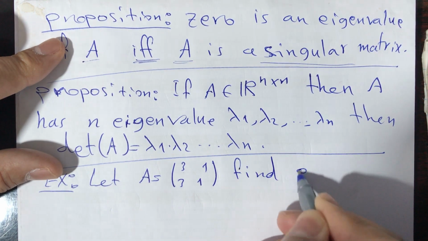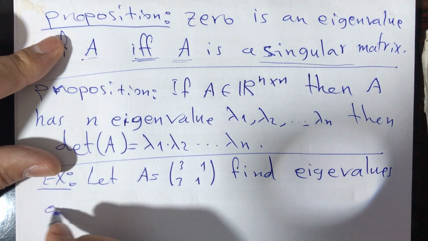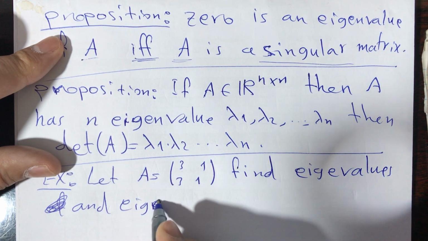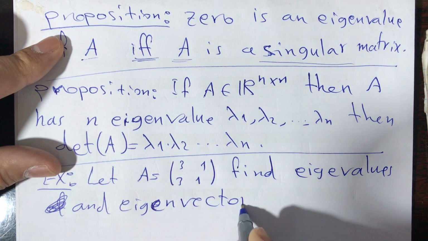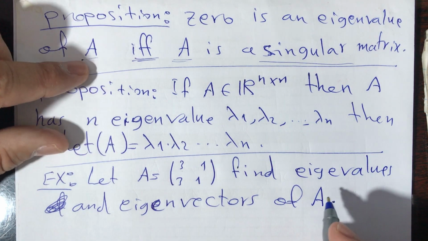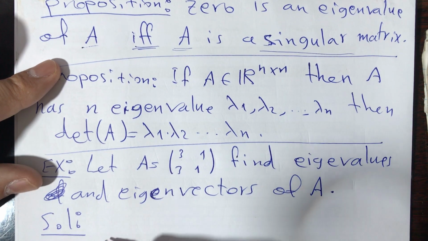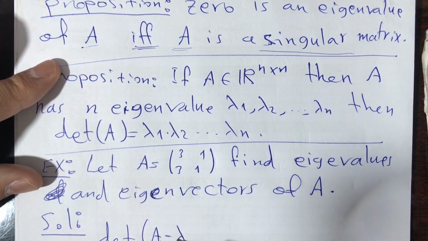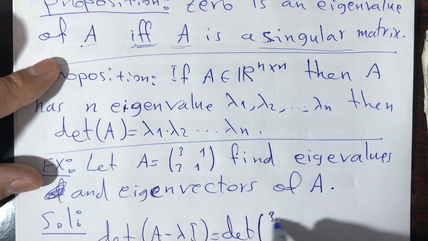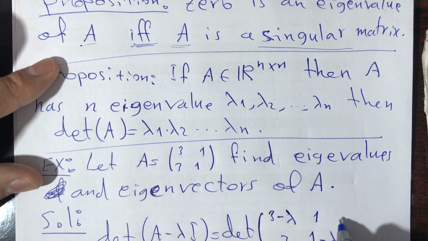Find eigenvalues and eigenvectors of A. Solution: the determinant of A minus lambda I is equal to the determinant of 3 minus lambda, 1, 3, 1 minus lambda.